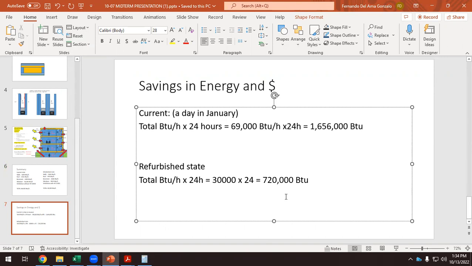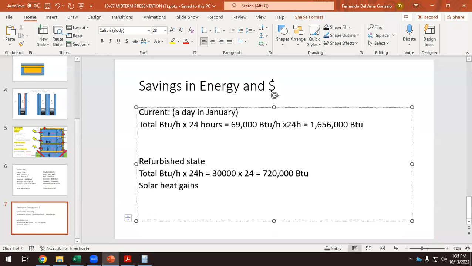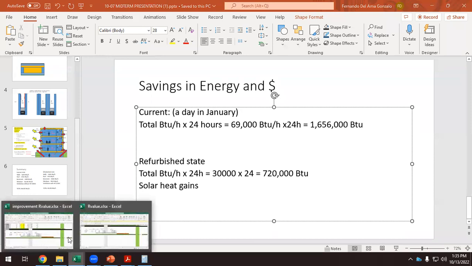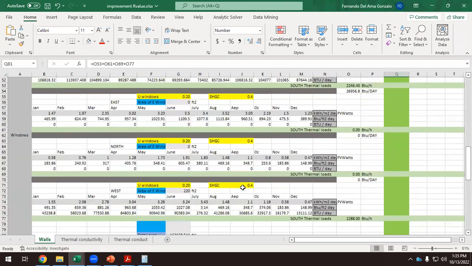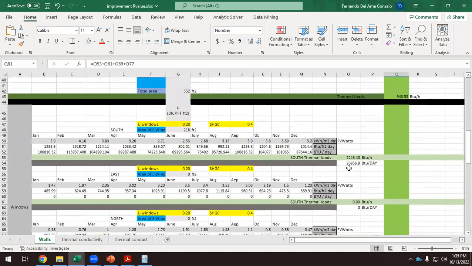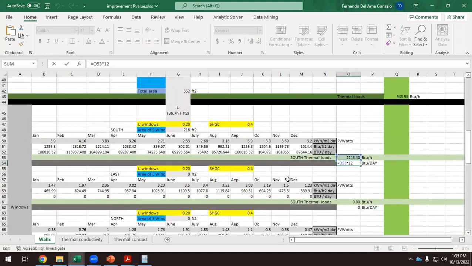We're not done yet because I have to consider solar heat gains. Yep, we did that on Tuesday, and you thought that I had forgotten? No, I haven't. So what are the solar heat gains? They are for one day in January.